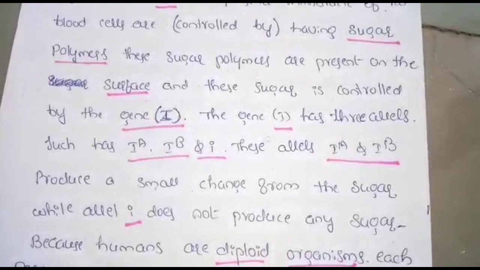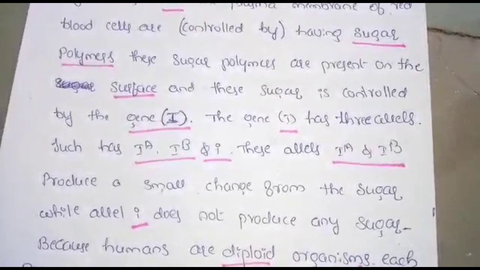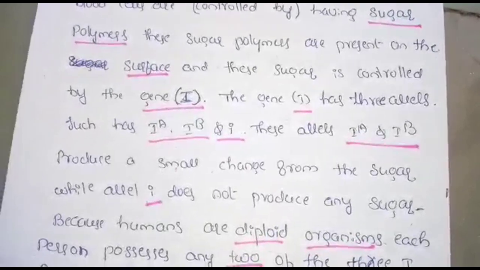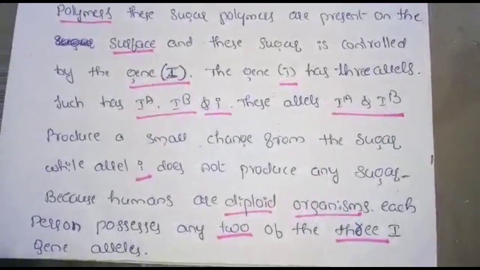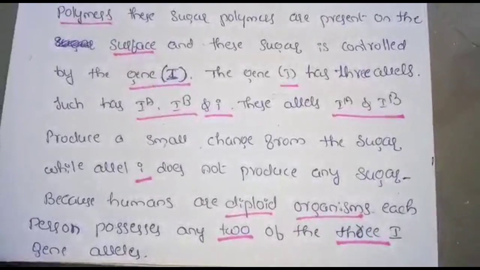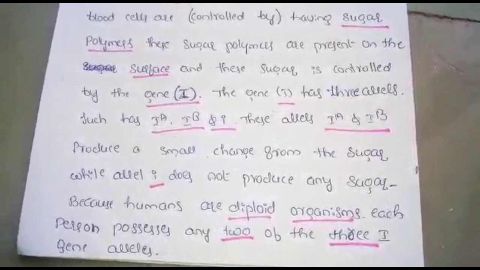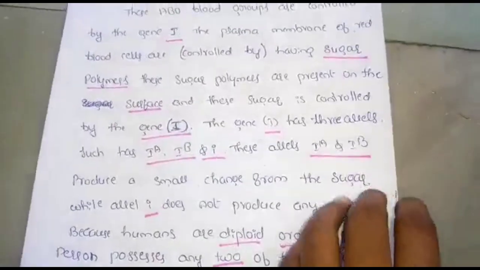Humans are diploid organisms, and each person possesses any two of the three I alleles.